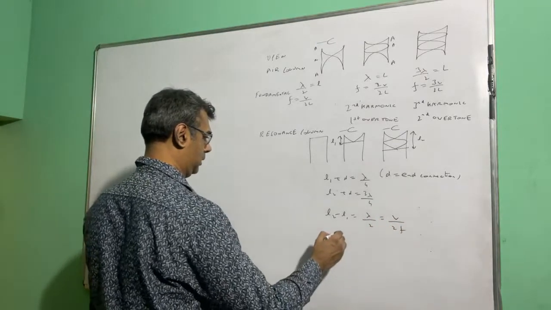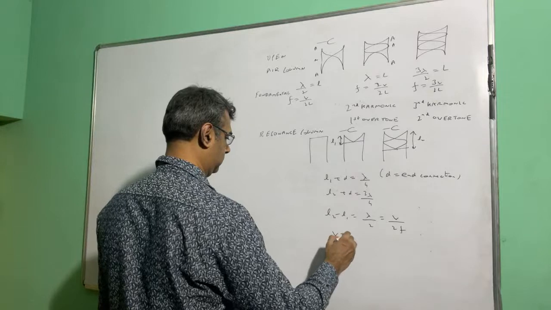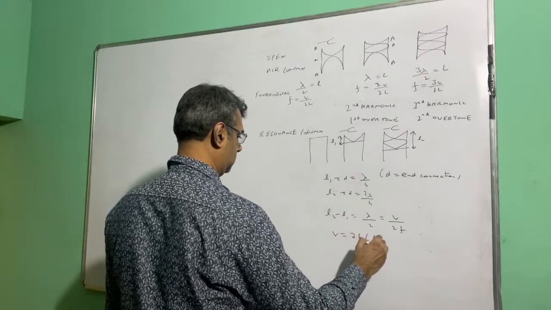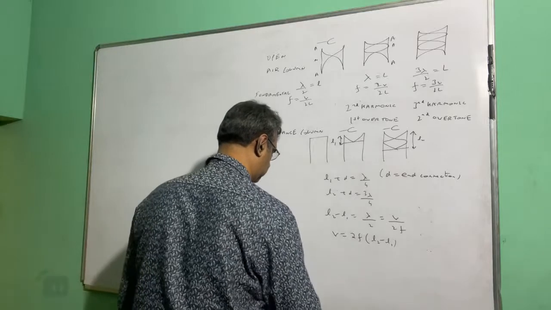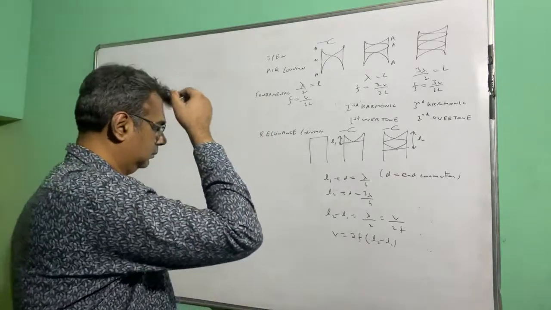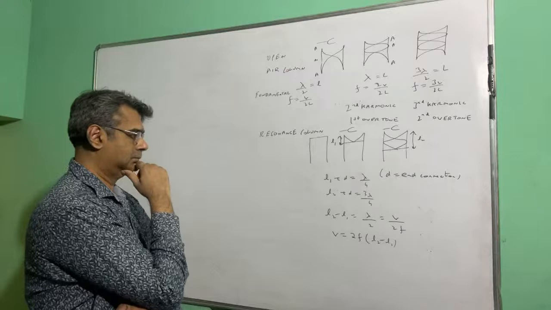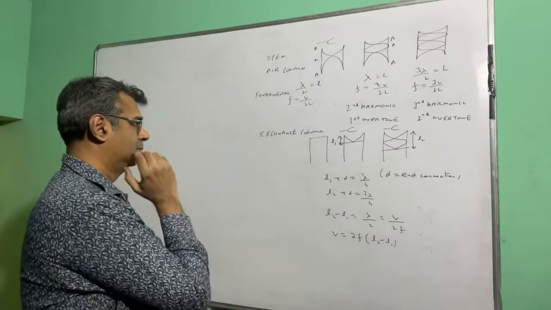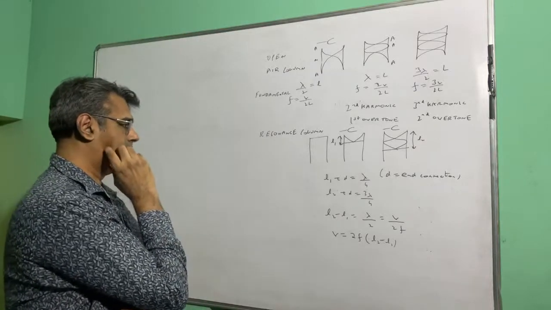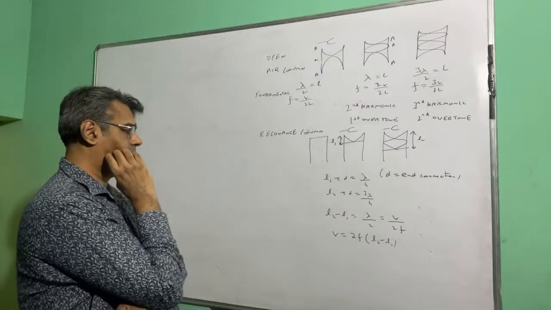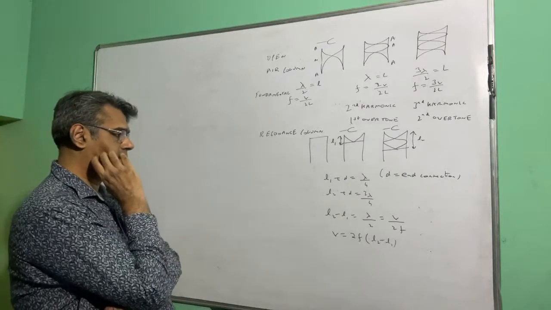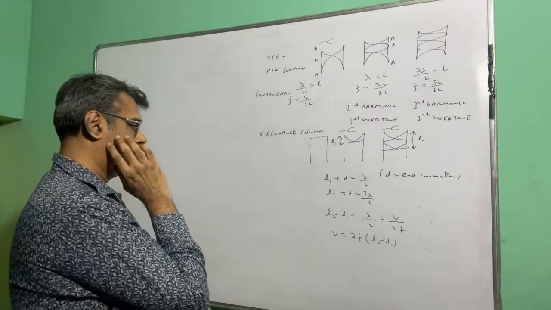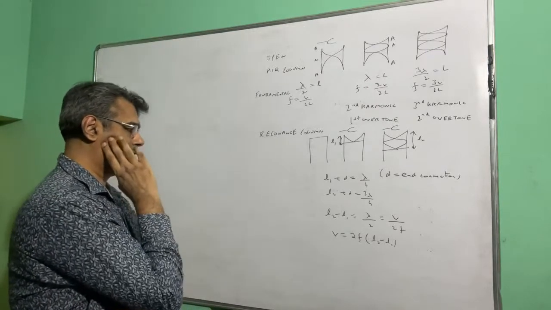Lambda is velocity by frequency, so L2 minus L1 is lambda by 2, which is V by 2F. So V will be 2F into L2 minus L1.